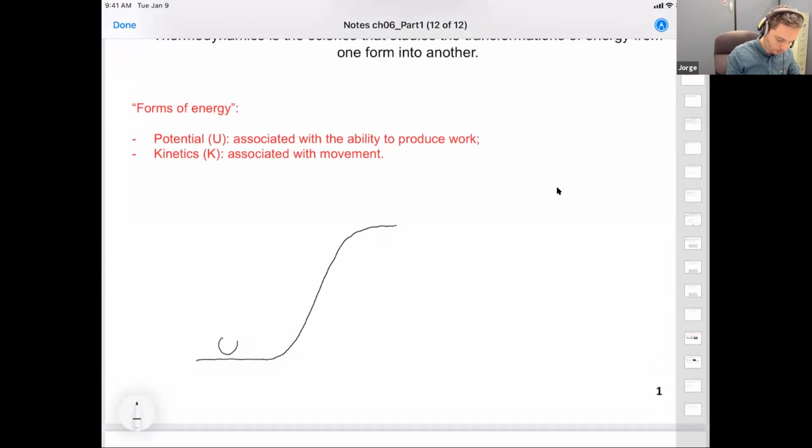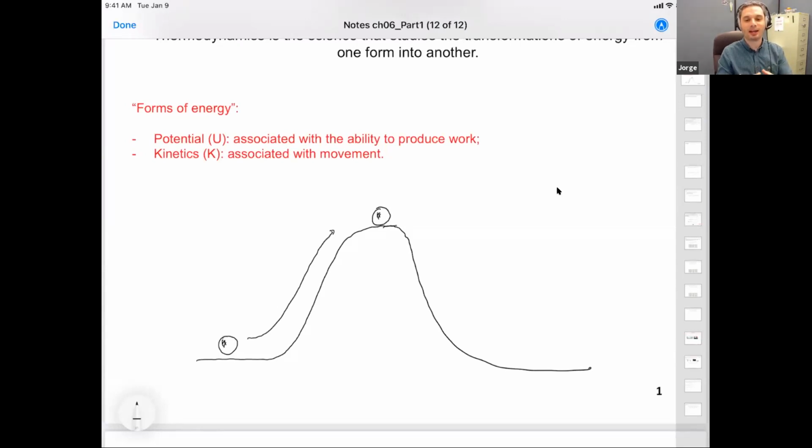So we start with a ball here, and let's provide energy to this ball, and let's move the ball all the way to the top of the hill. Now that the object is at the top of the hill, we charge this object with a lot of potential energy. So we have here a lot of potential energy.